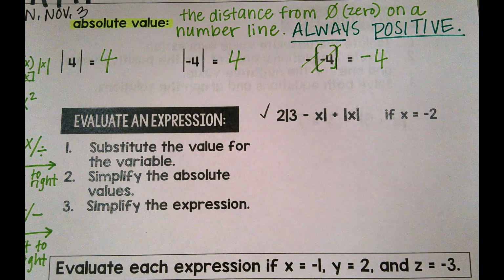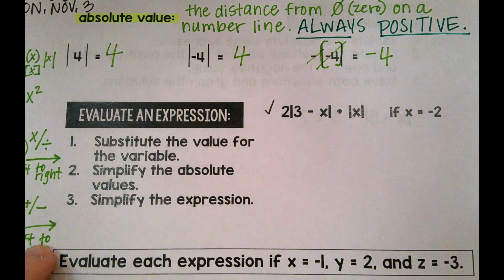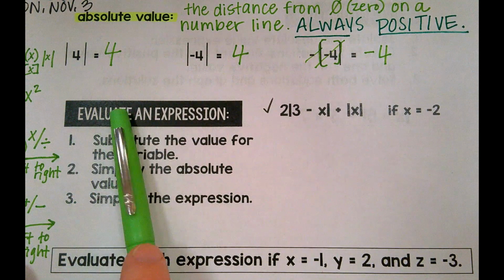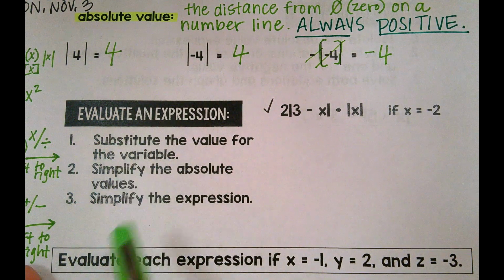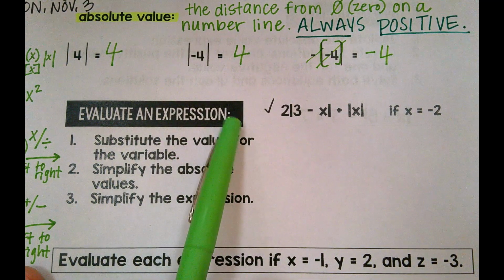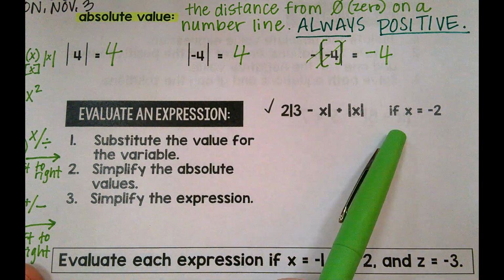So what it says on the next section is evaluate an expression. First of all, don't let these words scare you. This basically just means plug a number in for X and then simplify using PEMDAS. An expression just means there's no equal sign. We're not solving. They're going to give us the X value.